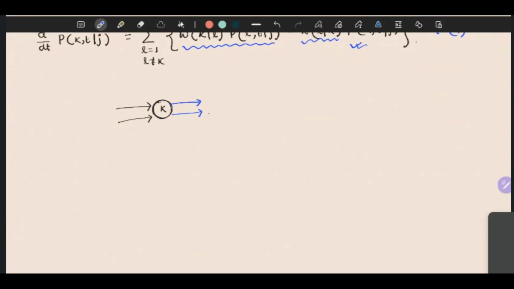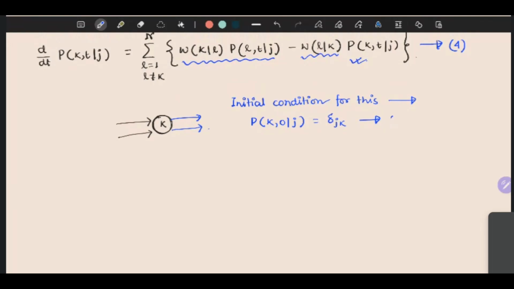The initial condition for this is P of K at time 0 with initial condition J is delta J K. So that is equation number 5.